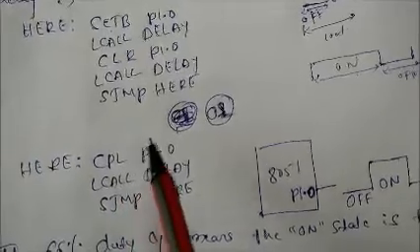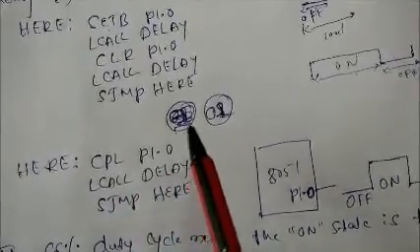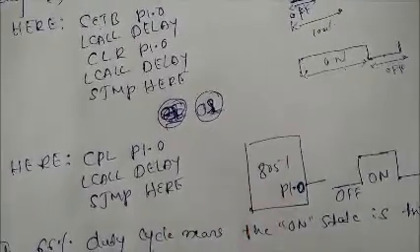Next line again colon, decrement, djnz r2, again. Next line ret, and the last one is end.